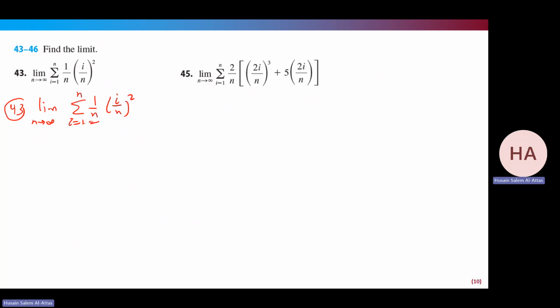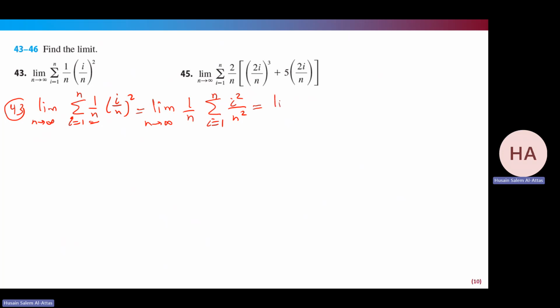Notice this 1 over n does not depend on i. So I can take it out. It's 1 over n, I need the limit, don't forget the limit. So I take 1 over n outside, I have summation, i equal 1 to n, i square over n square. Also the same thing, n square, I can take it outside.